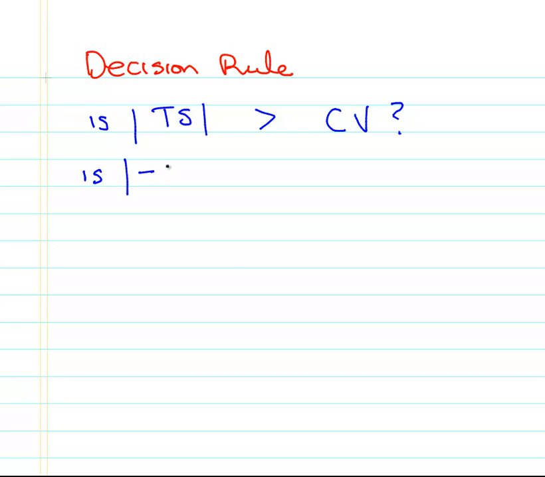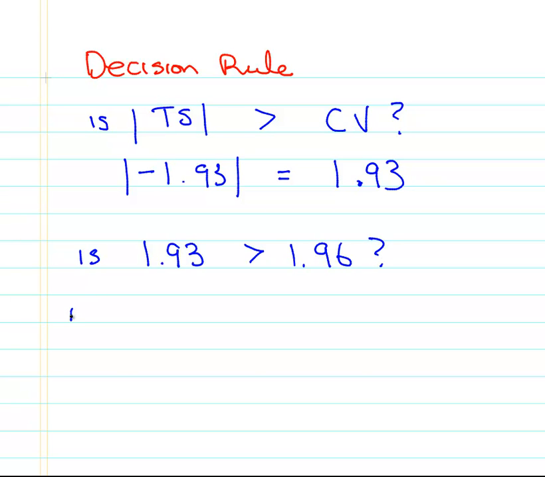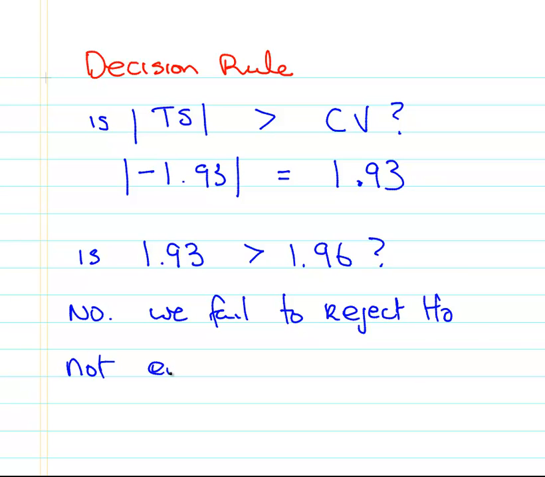The absolute value of minus 1.93 is simply 1.93. So is 1.93 greater than 1.96? No. We fail to reject the null hypothesis, so there is not enough evidence to suggest change.